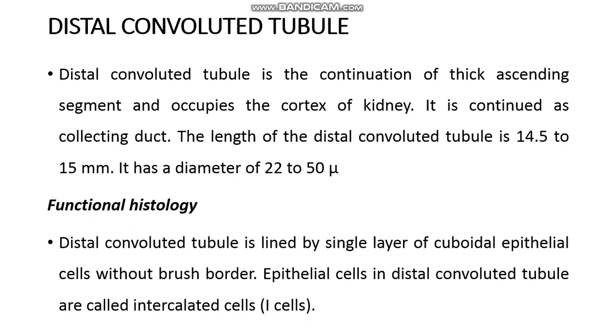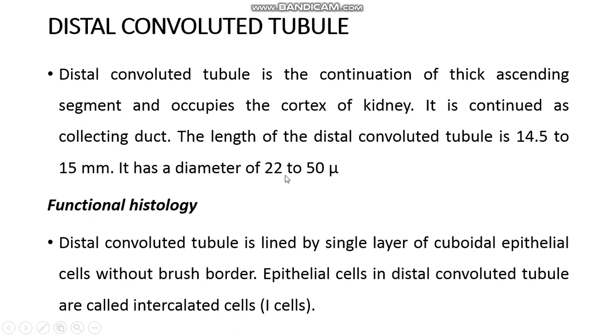Next we can see the next tubule, that is the distal convoluted tubule or DCT. The distal convoluted tubule is a continuation of the thick ascending segment and occupies the cortex of the kidney. Then it continues as the collecting duct.